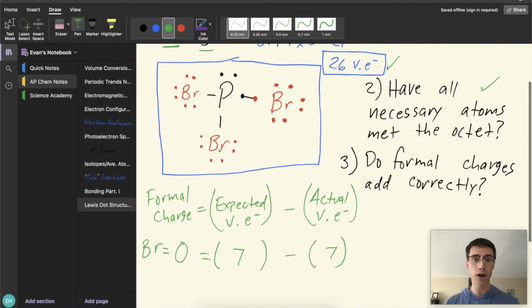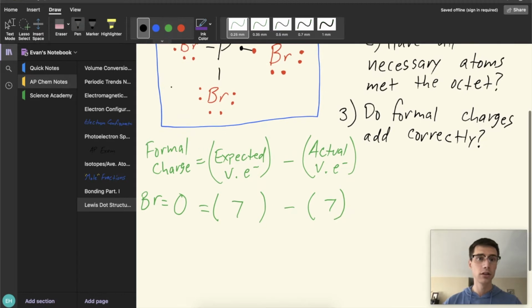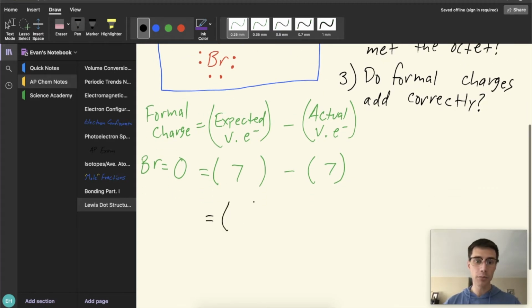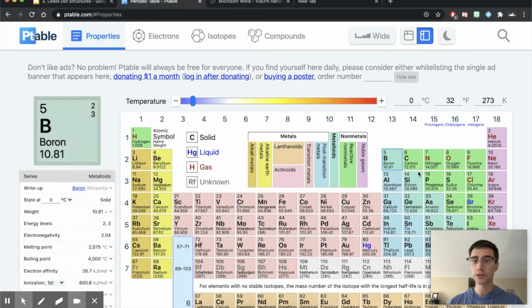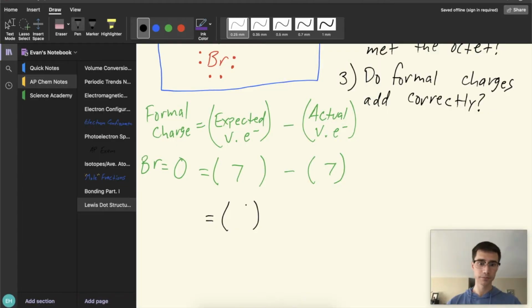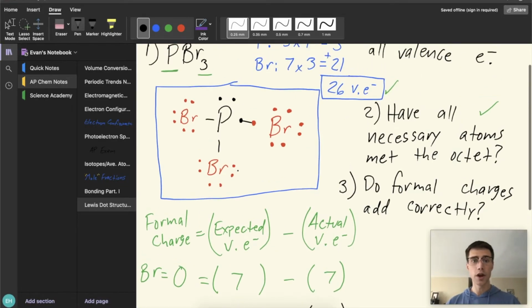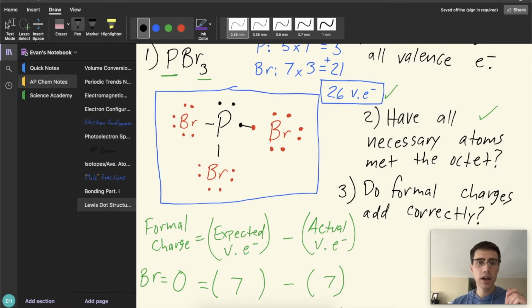So now let's check the phosphorus. Okay. Now, again, when we look at the periodic table, we expect phosphorus to have 1, 2, 3, 4, 5 valence electrons. Because we are not going to count any of the red valence electrons from bromine, we can see we have 1, 2 from the lone pairs and 1 from each bond.